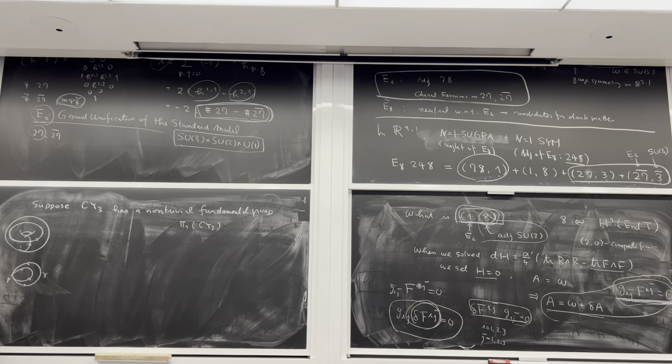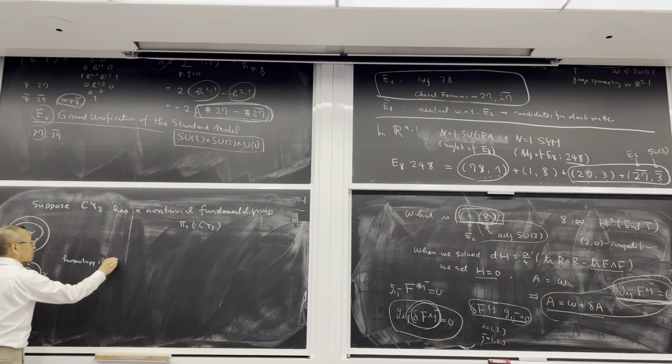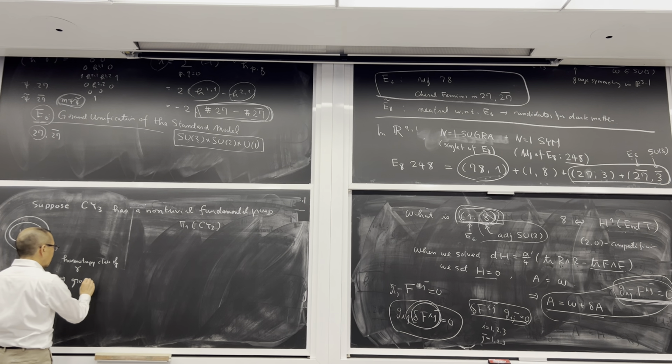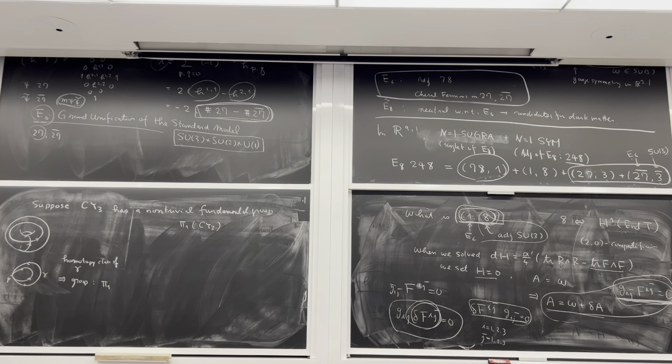And then if you consider the homotopy class of gamma, it gives rise to a group. And it's called the fundamental group. It's pi1 of the manifold. And it's very natural.